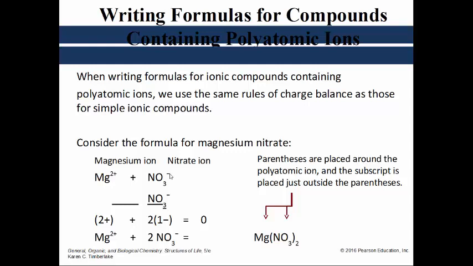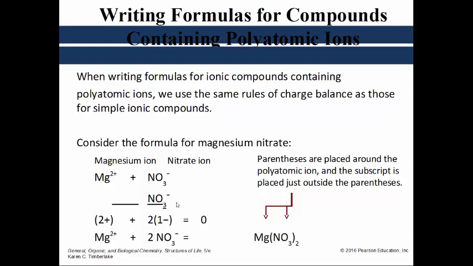So in order for that to balance and equal a net charge of 0, you need to have 2 of this whole unit, because all of this has a charge of negative 1. So getting 2 of those will give you an overall charge of negative 2. Those negative 2 charges plus the positive 2 for magnesium balance out. So you need to have 2 of this entire thing here to balance out the positive 2 for magnesium ion.